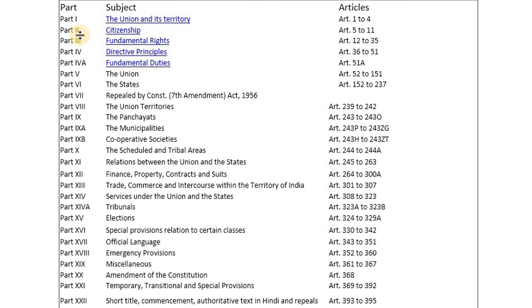You have to make sure you remember this, 9B, the cooperative societies. This question has been asked in various exams. Then 10, the scheduled and tribal areas. You have to remember up to 10. Later on we will remember the remaining parts as we move further.